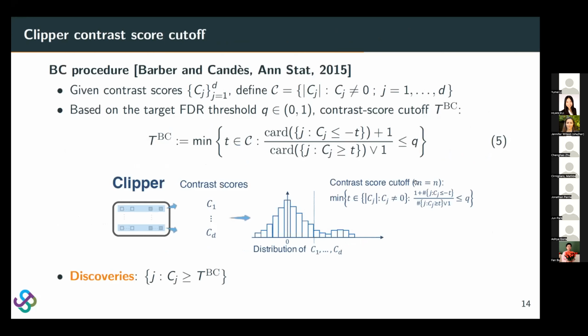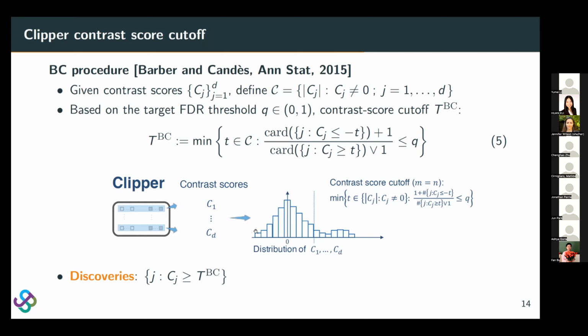We can use contrast scores to summarize the contrast between the two conditions for all the features from C1 to CD, where D is the number of features. And then we can look at the distribution of the contrast scores. According to our assumptions, for those uninteresting features, the two conditions should have the same distribution, so the sign of the contrast score has equal probability to be positive and negative.